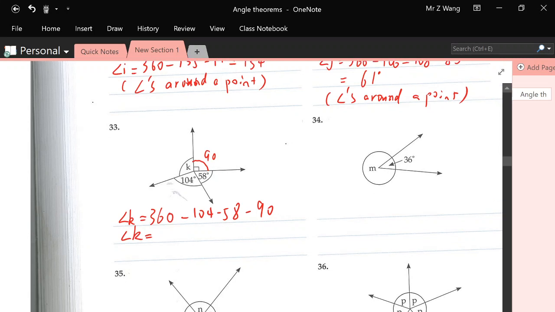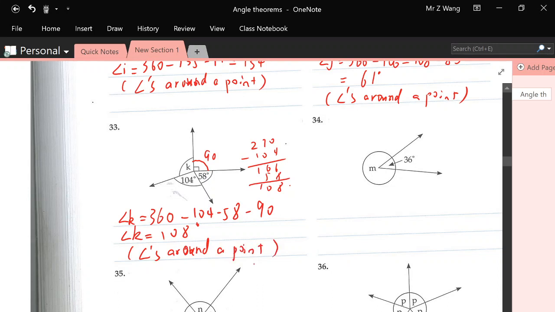So angle K is 104 plus 90 is 194, 360 minus 194 is 166, minus 58 is 108. So 108 degrees. All right, so this is angles around a point.